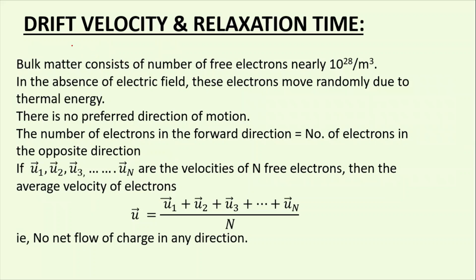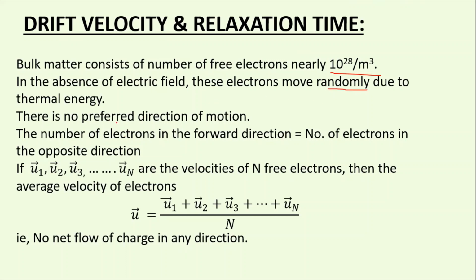Now, as we discussed, bulk matter consists of a number of free electrons, nearly 10 power 28 per meter cube. In the absence of an electric field, these electrons will move randomly, as we discussed earlier.